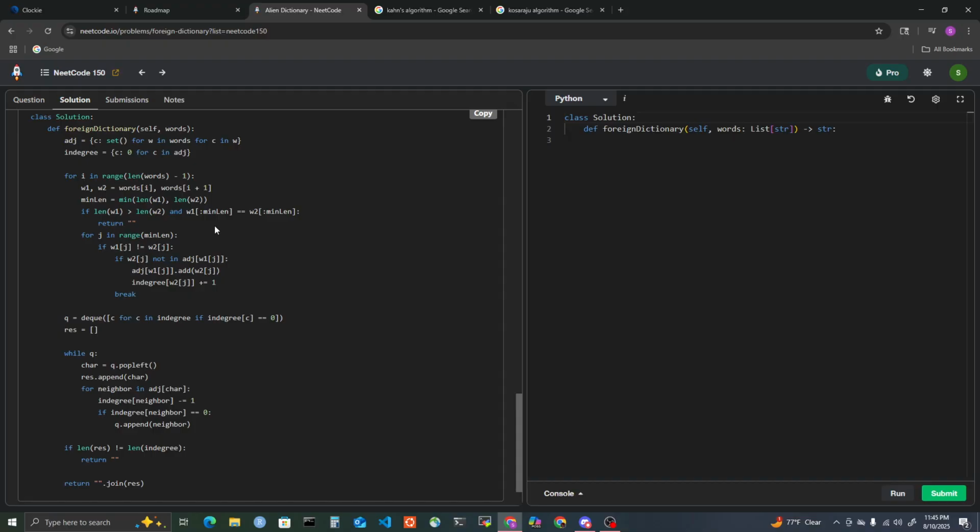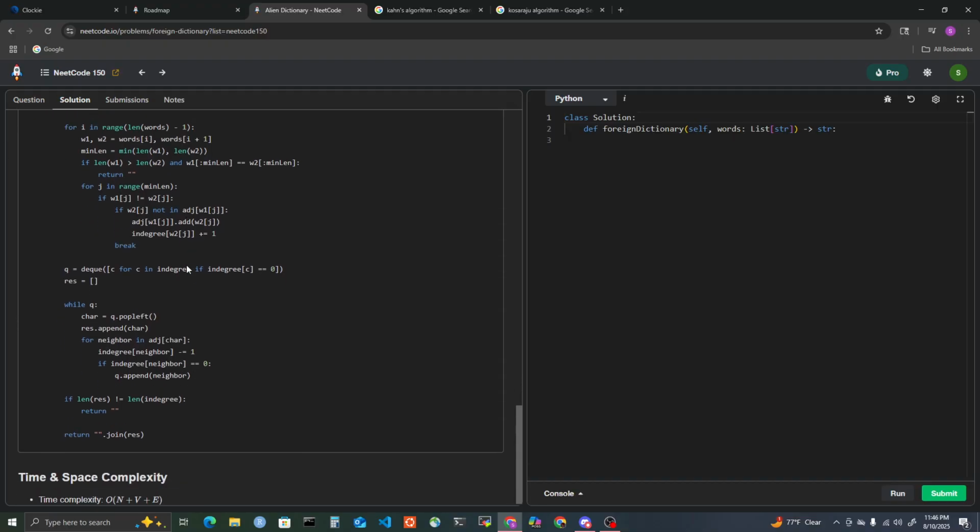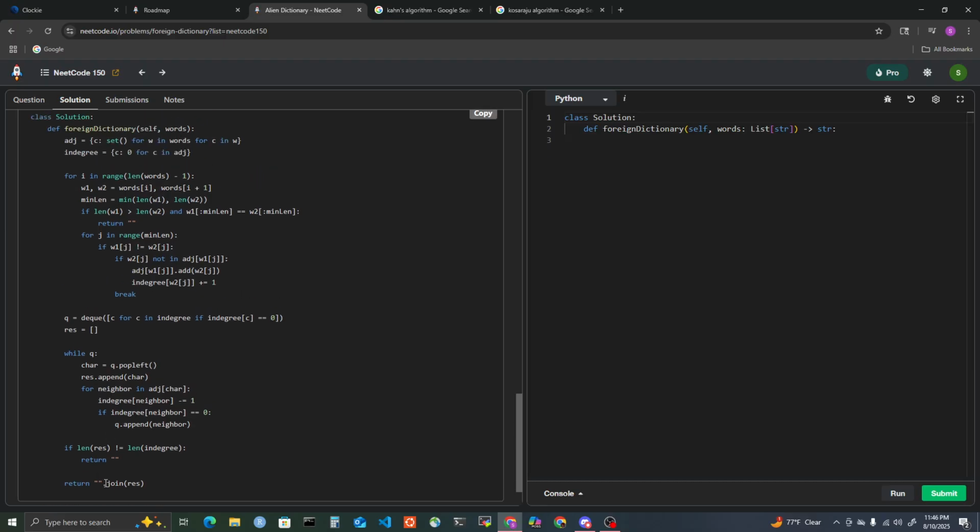Return an empty string. Yeah, I don't know.